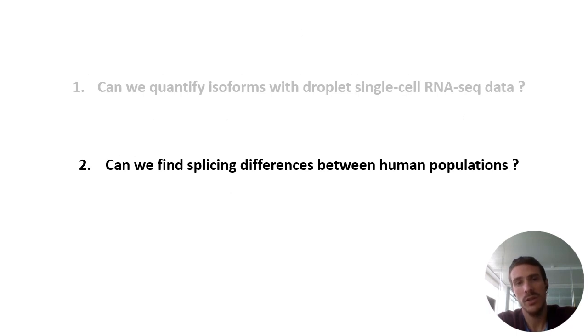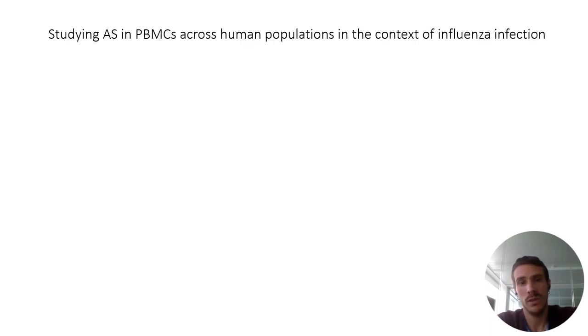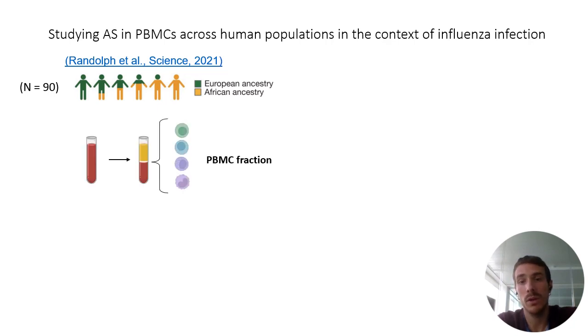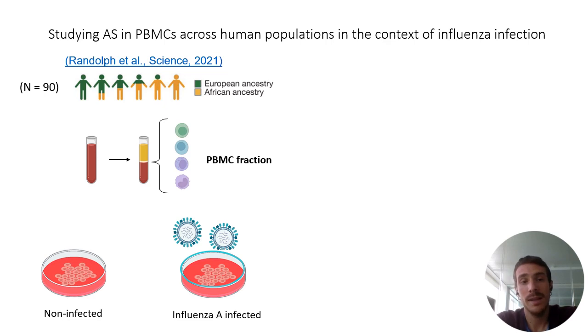Now our next question is, can we find splicing differences between human populations? To answer this question, we are going to use a dataset by Haley Randolph et al. from 2021, which is composed of 90 individuals of mixed European to African ancestry, from which blood was extracted and the peripheral blood mononuclear cell fraction was extracted for culture, and it was cultured under two conditions, one with non-infection and the other one with influenza A infection.